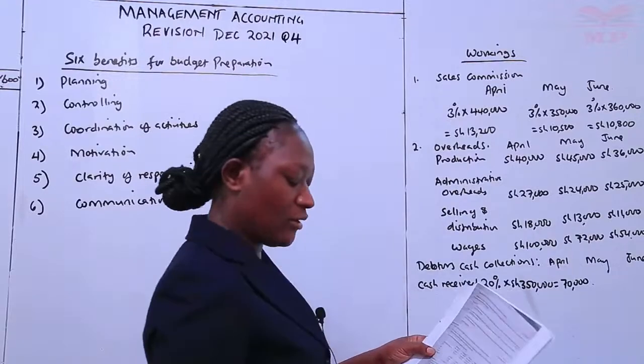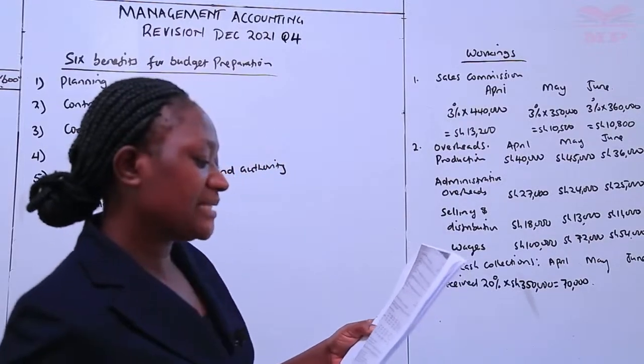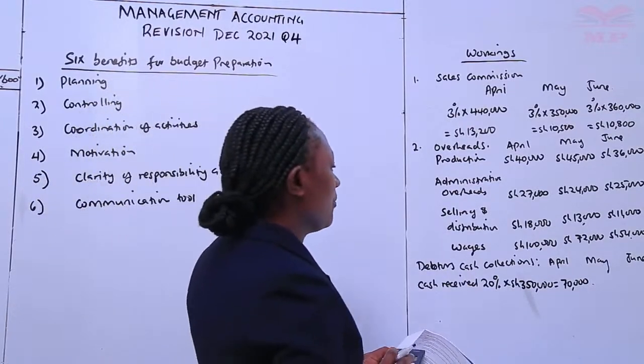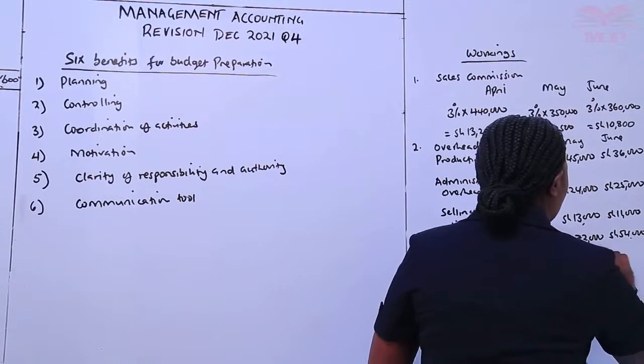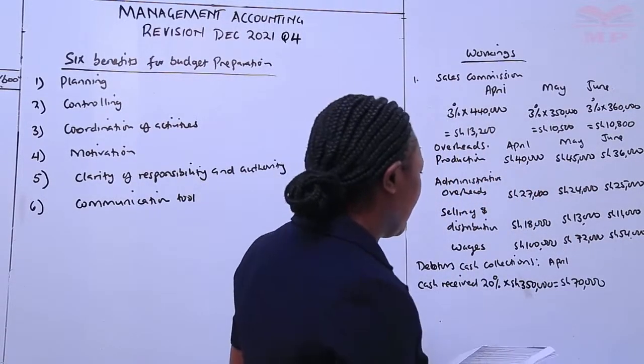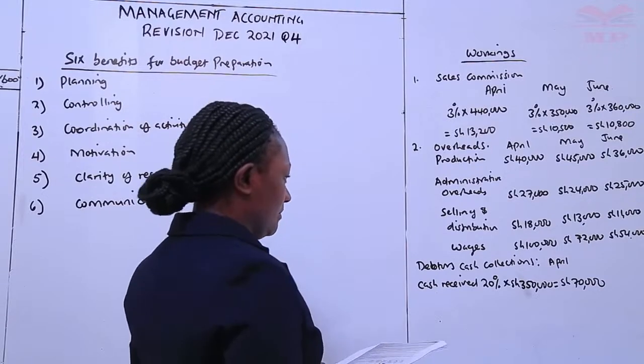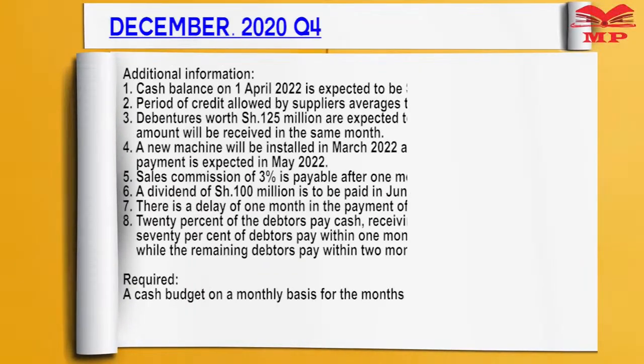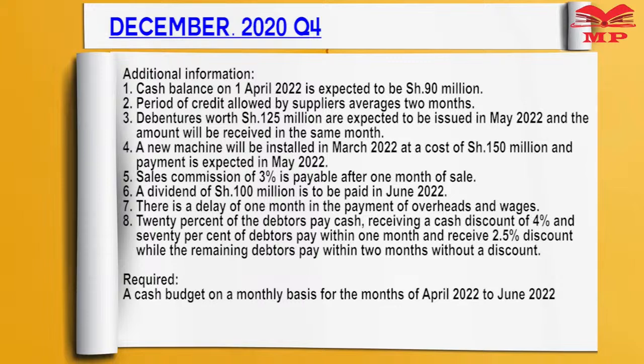So for May, you are also getting 20% of May. So that is for April. The cash that was to be received in the month of April was 70,000. But on the same note, number 8, we are told that a cash discount of 4% was given.